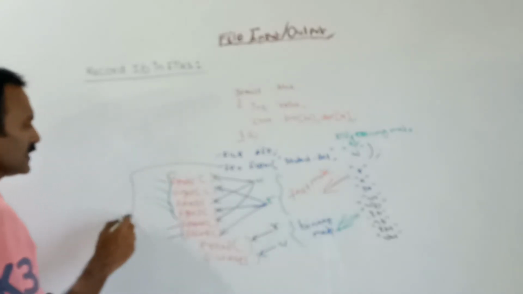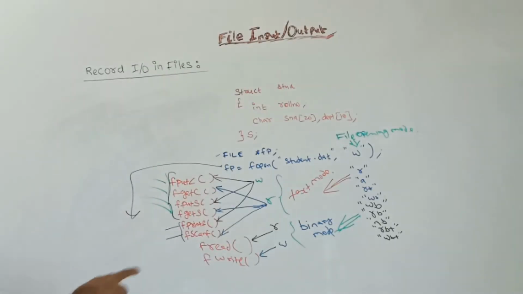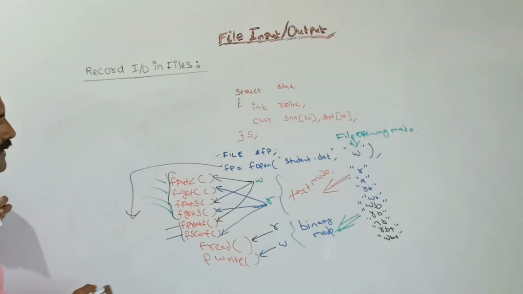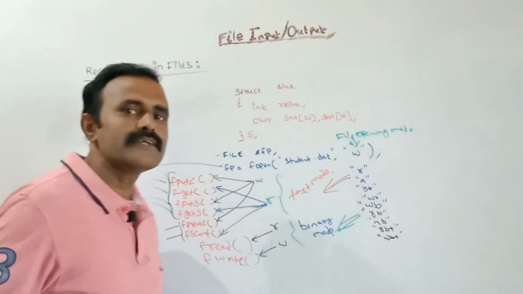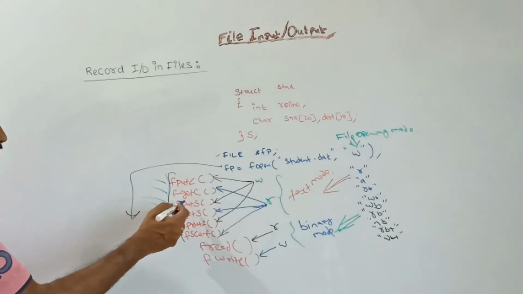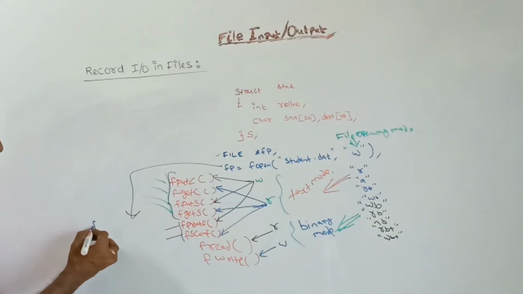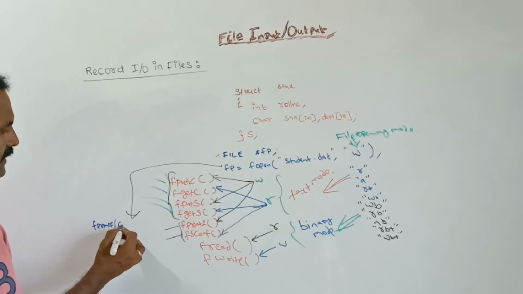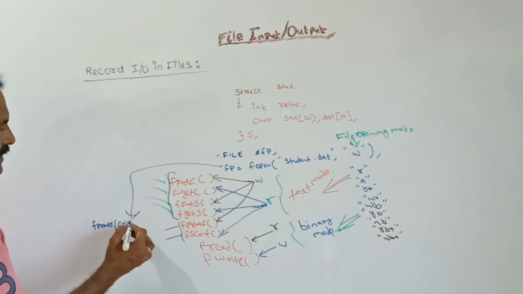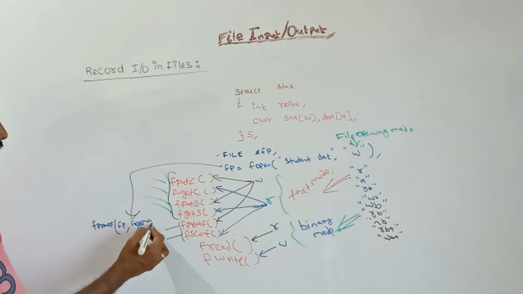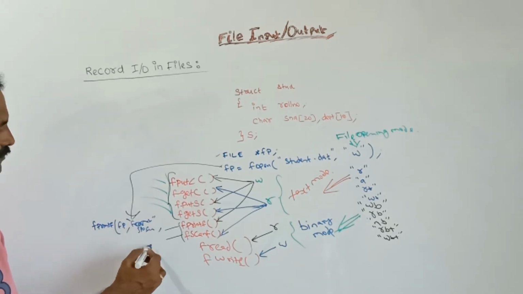Next, by the help of fprintf we can write the content. Before writing the content, let us see the syntax of the fprintf function. In the fprintf function, very first you should mention the file pointer variable, next the format specifier, and next the variable names.